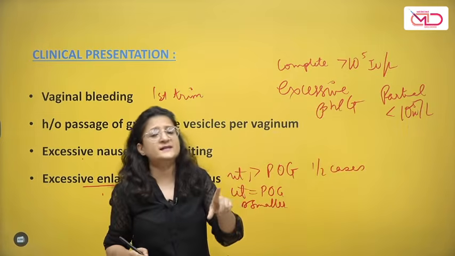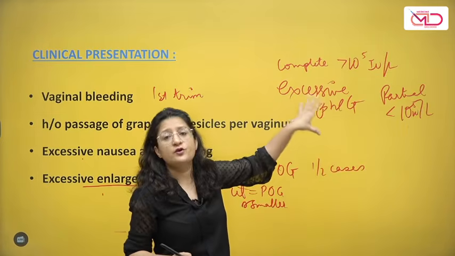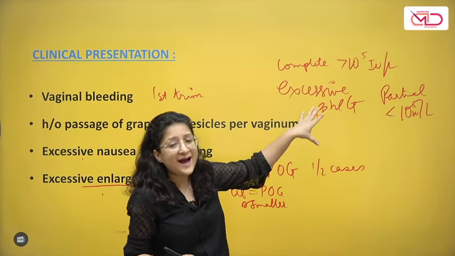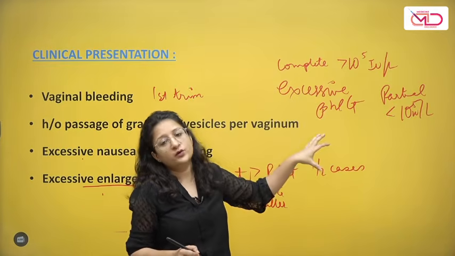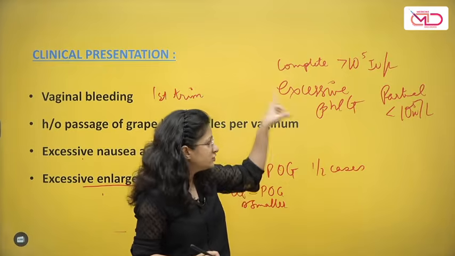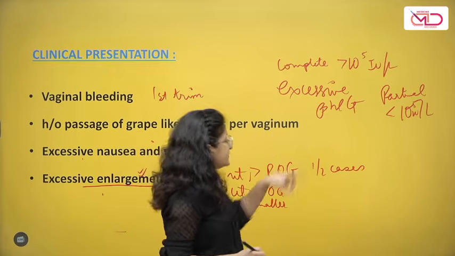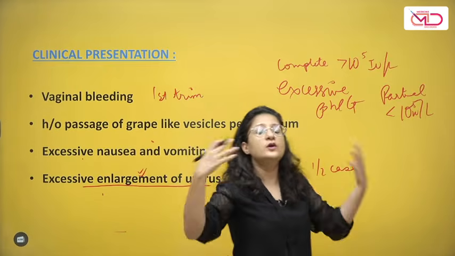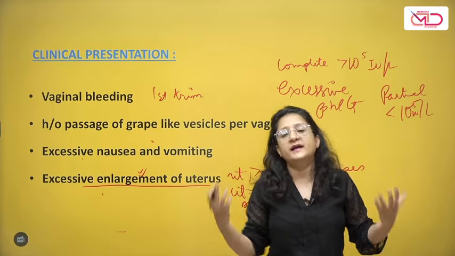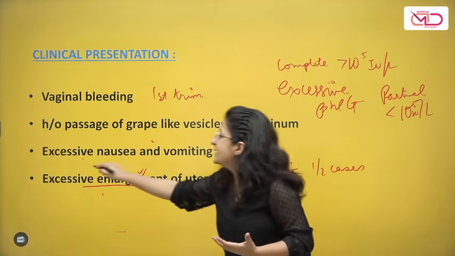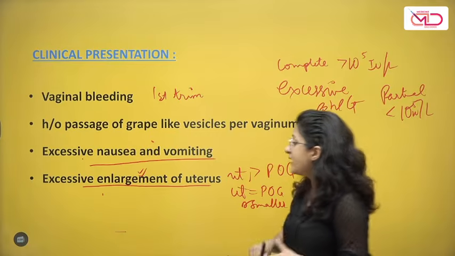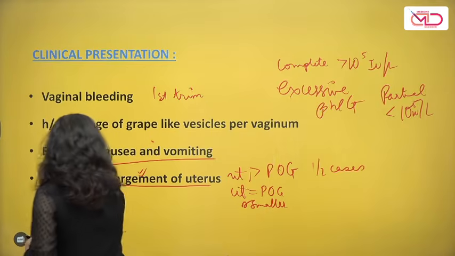But having said that, the levels of beta HCG are always going to be more than the normal intrauterine pregnancy at that gestation, right? So excessive beta HCG is responsible for a whole constellation of symptoms pertaining to molar pregnancy. One of them is excessive nausea and vomiting.